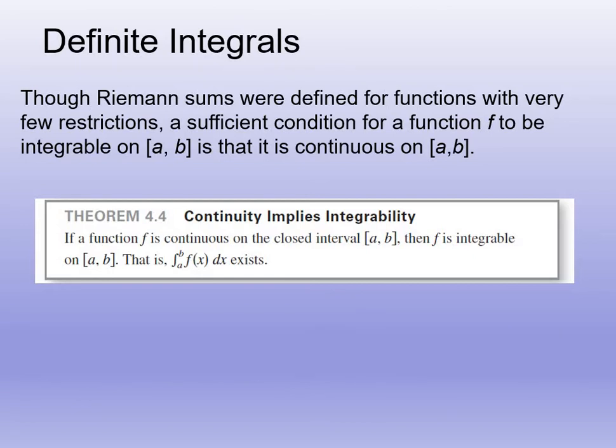Just like it implied differentiation, the same thing applies that we're able to take the integral. So if a function f is continuous on the closed interval a to b, then f is integrable on a to b. That means the definite integral from a to b of f of x dx does exist, just like it helped define and allowed us to take the derivative of functions as well.